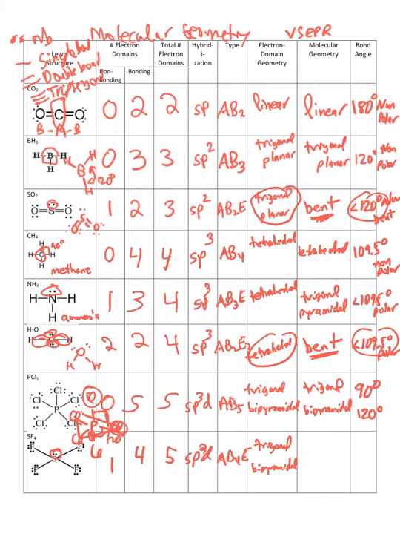But now we've got a non-bonding pair of electrons. And the question is, where does it go? So I've got a sulfur that has these fluorines around it. And where does that non-bonding pair of electrons go? Turns out it actually goes on the equatorial position as opposed to the axial position.